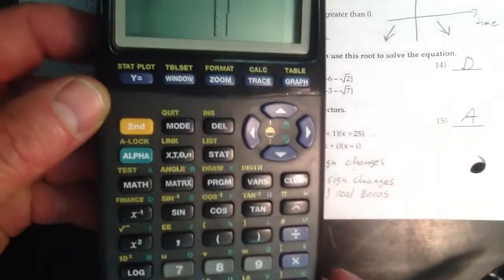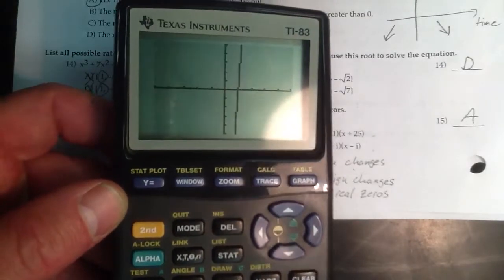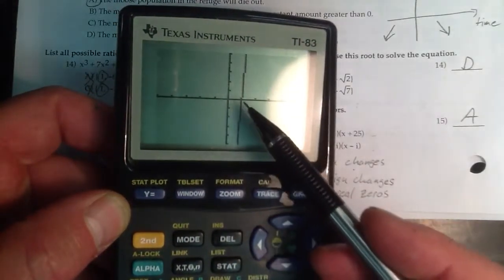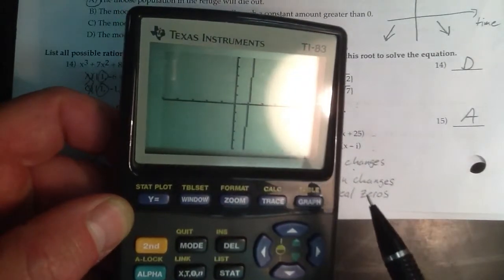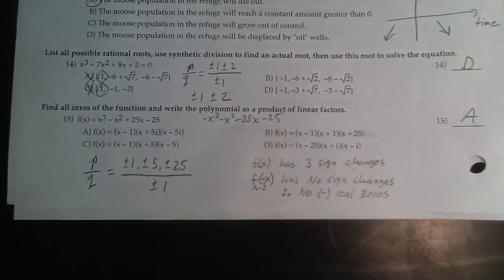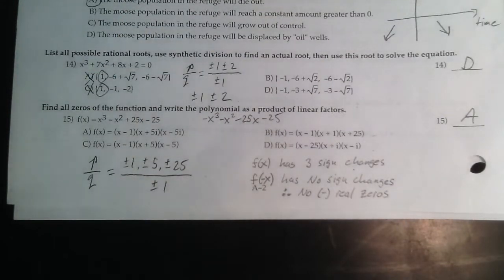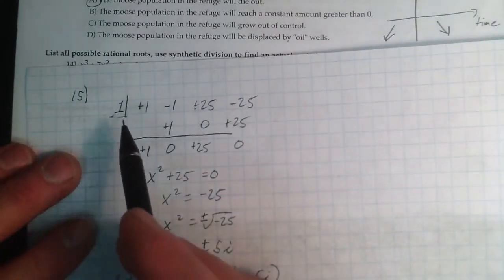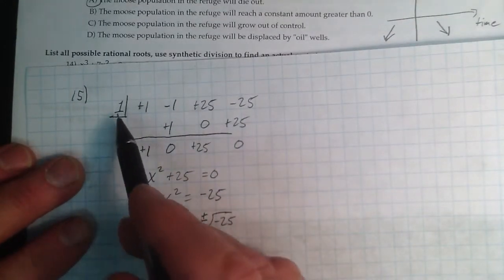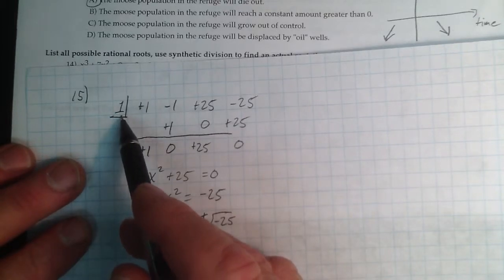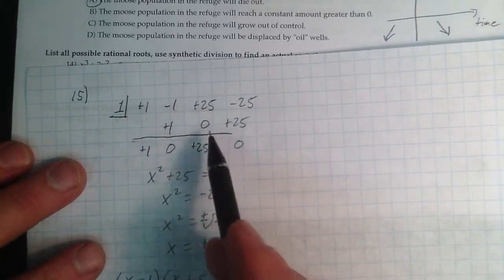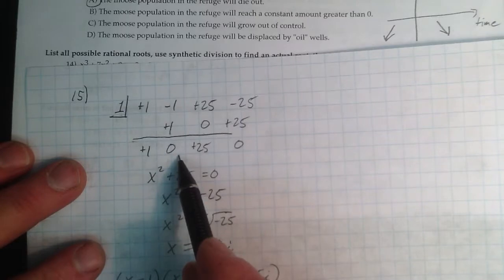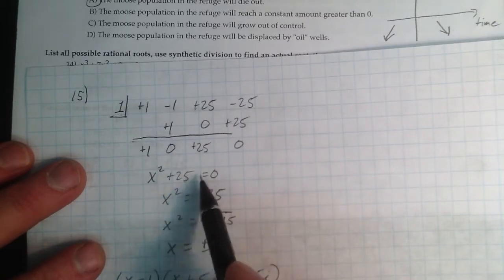And sure enough, it looks like +1 is definitely a 0. So that is what I'm going to use to divide with on problem number 15. Okay, so I divide by 1, and I come down here and I get a quadratic with no middle term.